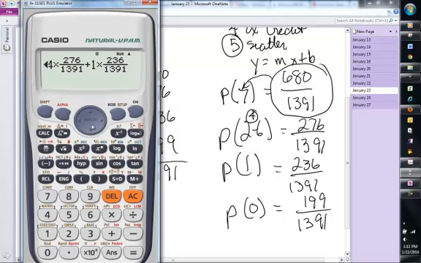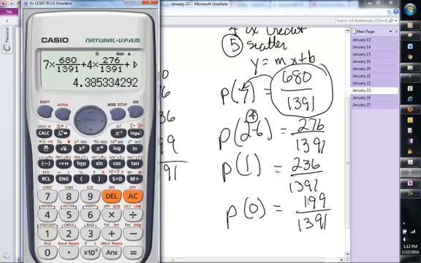But I'm not going to do the last one because 0 times anything is 0, so that's going to be adding 0 to it. So the average number of visits per person per week is 4.38.